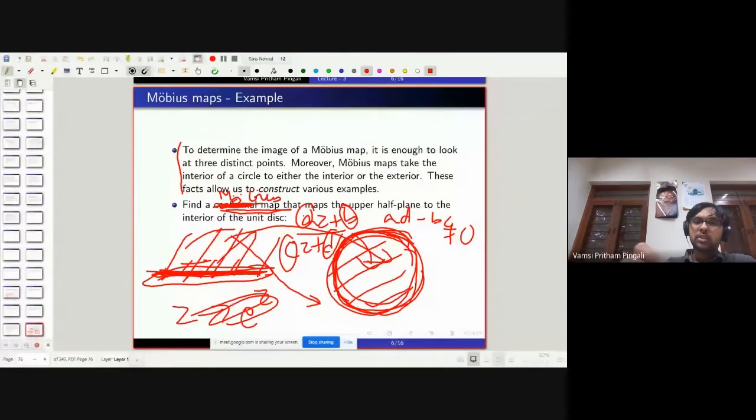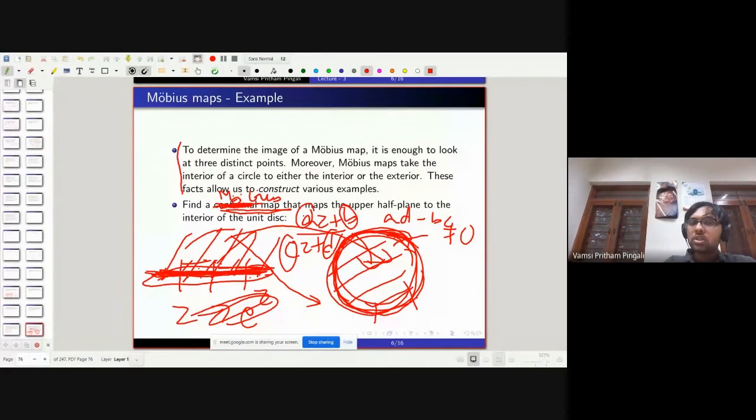So if you take your favorite 3 points on this line and map them to your favorite 3 points on this circle, then since Mobius maps take generalized circles to generalized circles, they will take this line to either a straight line or a circle. However, these 3 points go to 3 points that are not collinear. That means that this straight line must go to this particular circle. That is forced on you.